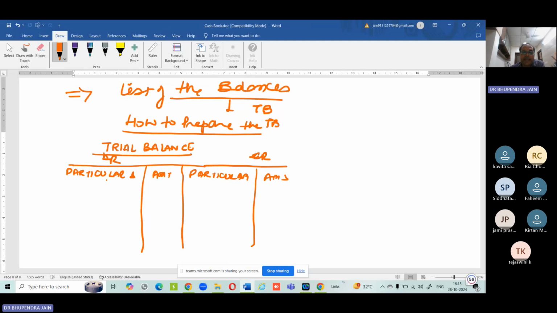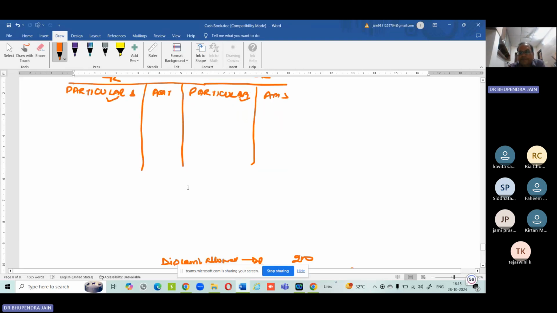Let the debit balance be written down here and the credit balance here. How to calculate the credit balance and debit balance? We have already discussed it at the time of preparation of the ledger, like in this example.